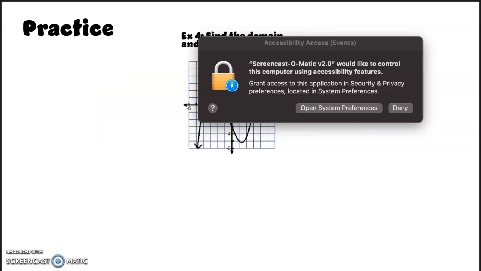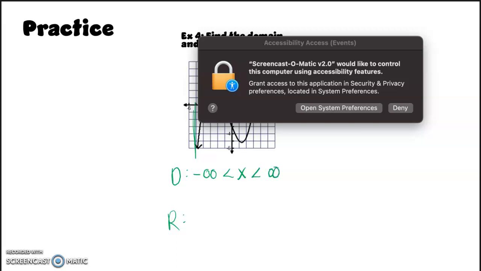All right, our last example, we're finding the domain and the range. The domain, our smallest point, our furthest left is an arrow, which tells us it's -infinity is less than x. Our furthest right side is also an arrow going positively, so it's going to be less than infinity.